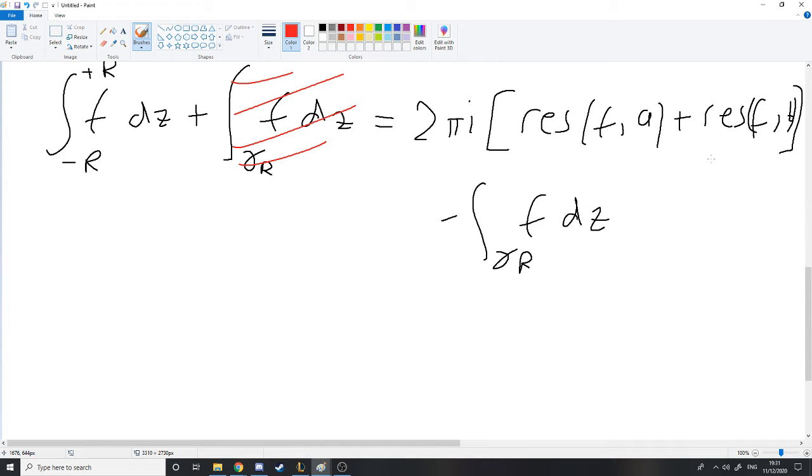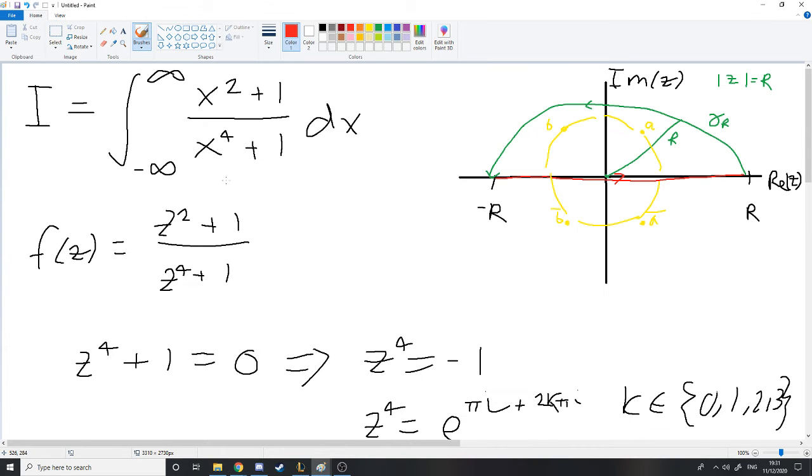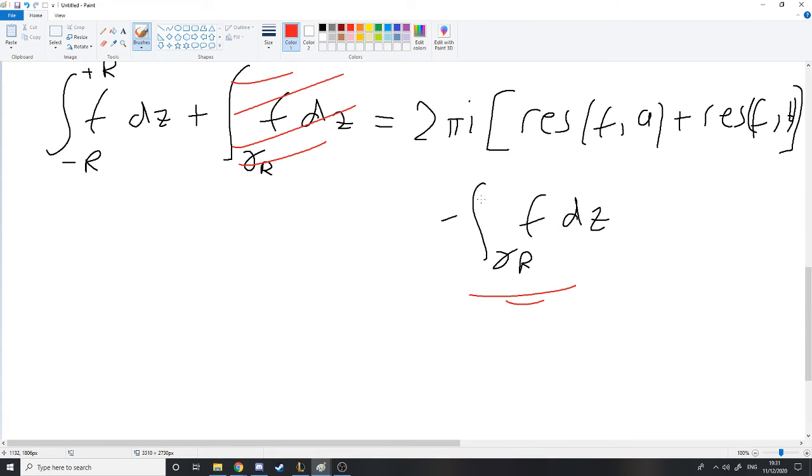Solving a real integral like this is only useful when this path integral is easier than the real integral. If it were impossible, you'd have just overcomplicated something. But in this case, this integral is perfectly fine.